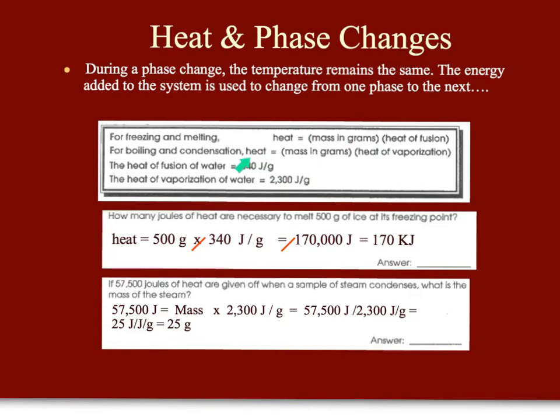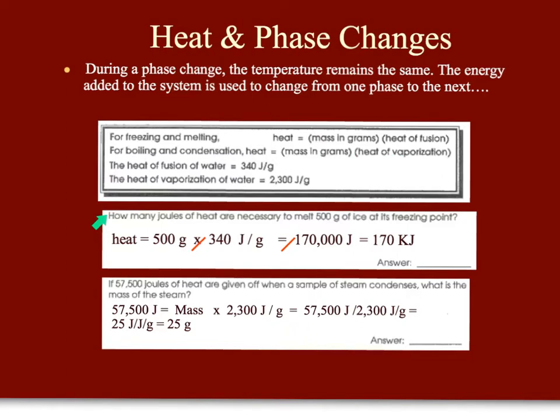And here we have our formula for heat of vaporization, where heat energy equals mass times heat of vaporization. Now, these numbers right here would be pulled off of a chart. If you look at our previous chart, you'll notice that these were rounded a bit just for convenience. It is better not to round the numbers, but to actually use what is stated on a chart. But we're going to use these on these problems.